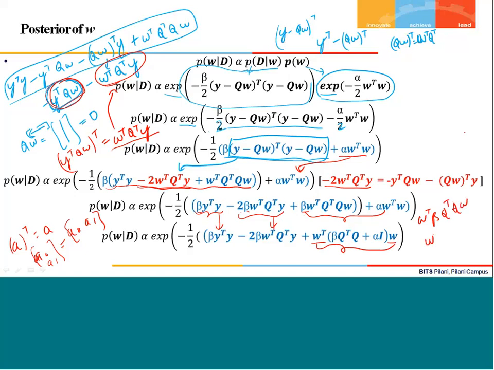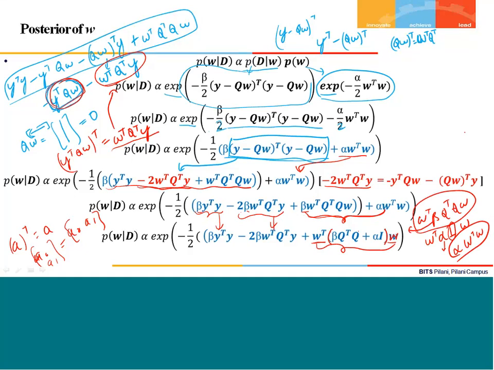The second term will be w transpose alpha I, and from the right you will get w. So the identity will go away, because everything you multiply by the identity matrix will not get changed. Alpha is a scalar number here, so alpha w transpose w will come back, and beta is a constant, so you can take it to the left side of this expression and you will get beta w transpose qw. So this is how these two terms get converted into one term: w transpose, inside the bracket some number, and on the right we get w.